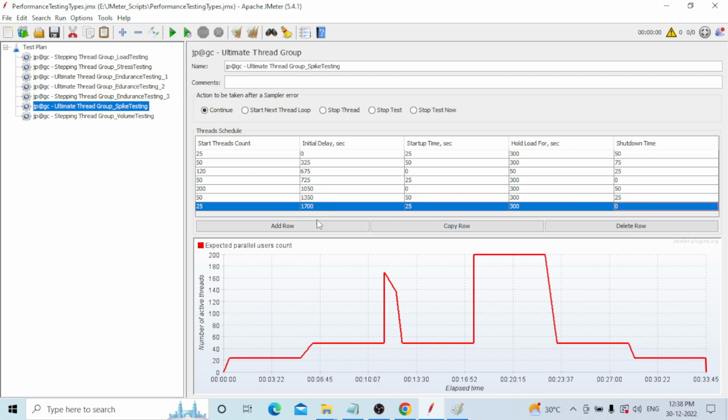If you practice 2-3 times, you will understand how this behaves, and based on that you can easily design. Otherwise you will be confused about how this works, so please practice.